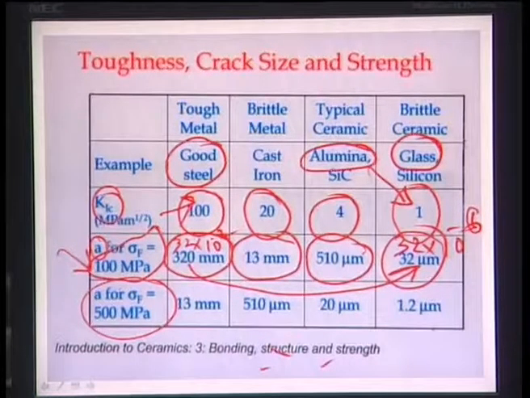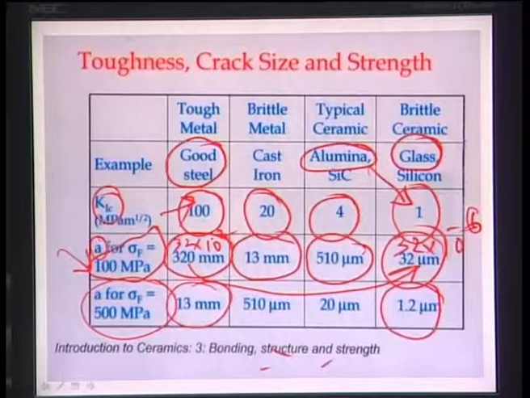Now if you go to the next row, if you increase the fracture strength from 100 MPa to 500 MPa, what you notice here is that for a tough metal like good steel, the maximum crack length that can be tolerated is 13 millimeter. And if you go to that brittle ceramic, the maximum crack length that can be tolerated is 1.2 micrometer.